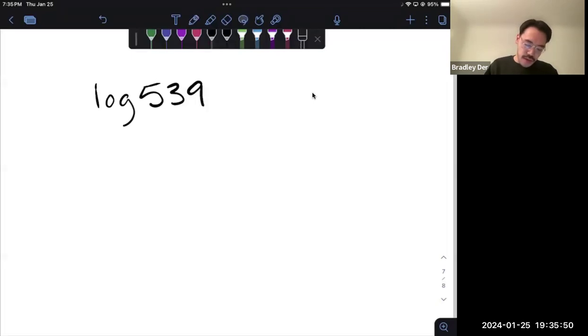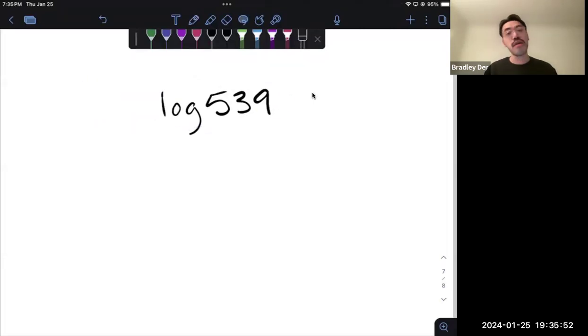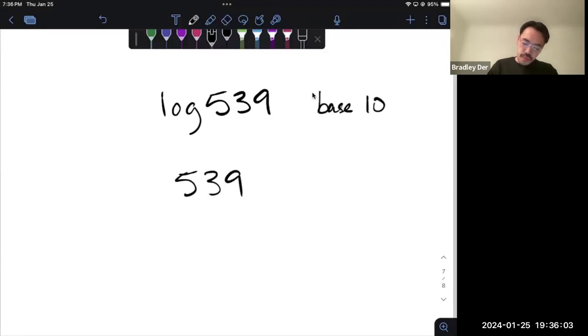Let's talk about how to approximate the common log of 539. It's important to know that the base is 10 here. If I write this as a common log, then we're dealing with base 10. 539 is going to be greater than 10 for sure, but I want to get a little closer.